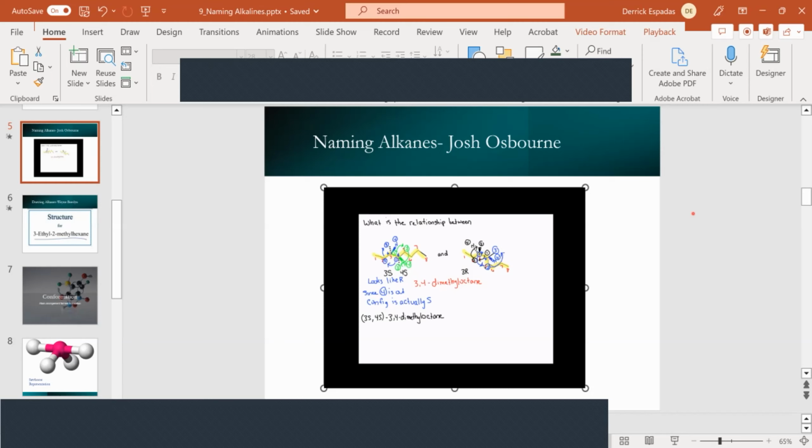It looks like S, but since priority 4 is pointing out, it's actually R. So we have 4R. So the name of this compound is 3R, 4R-3,4-dimethyl octane.